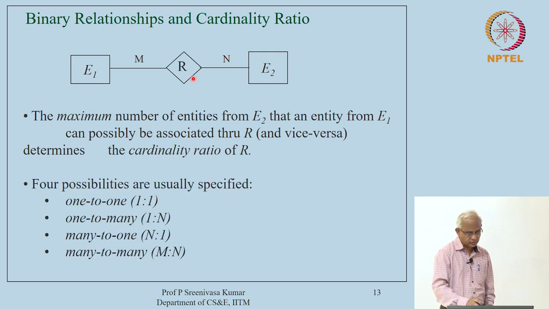They are specified like this: 1 to 1, written as 1:1, 1 to many, 1:n, where n generally stands for many, many to 1, and many to many. We will define these in the next slide.